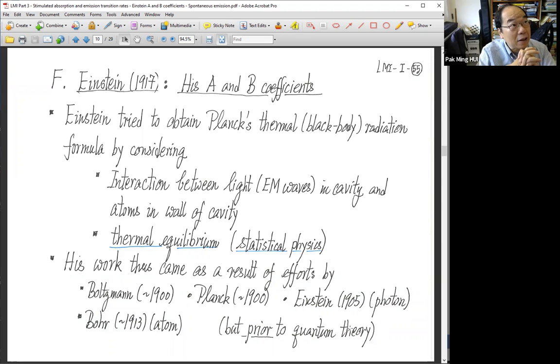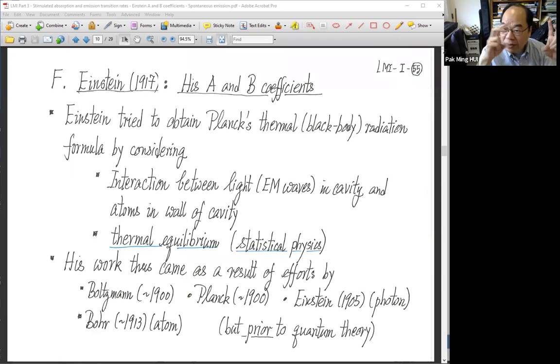And another very important development was in 1924, where Bose also re-derived Planck's formula with the idea that there is a gas of photons. And in the end, Einstein got the paper, and then he further developed the Bose idea to treat real boson atoms.